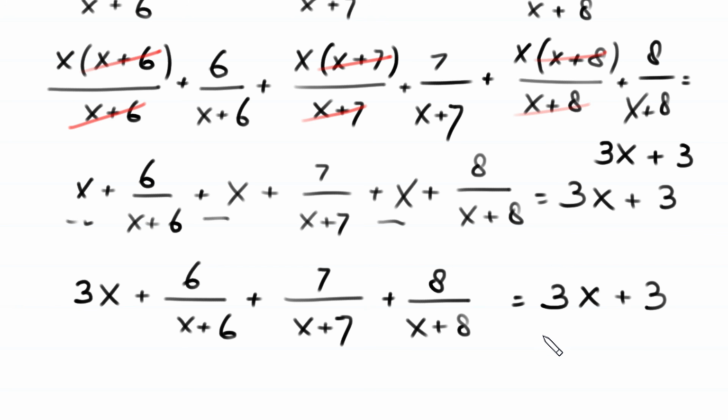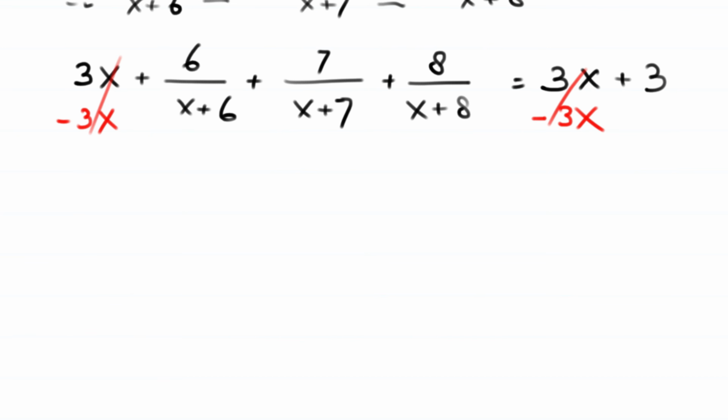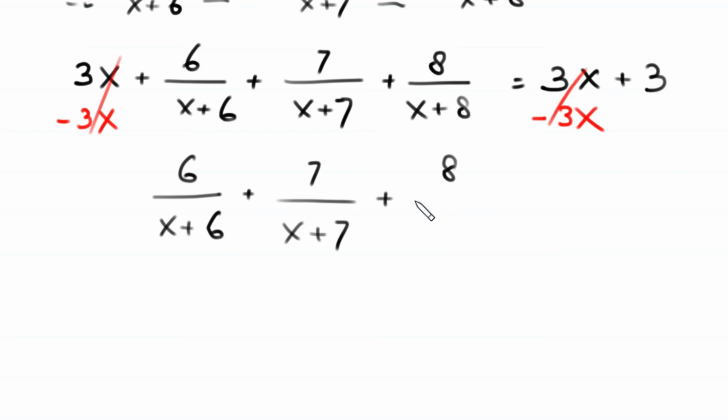And we subtract 3x from both sides, so this cancelled out and this cancelled out. We are left with 6 over x plus 6 plus 7 over x plus 7 plus 8 over x plus 8 equal to this 3. 3 can be written as 1 plus 1 plus 1.